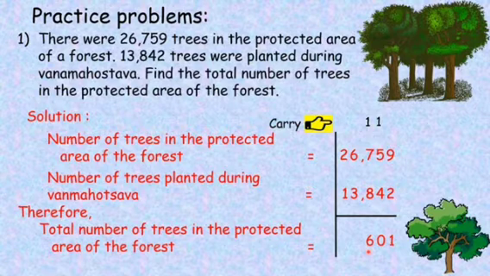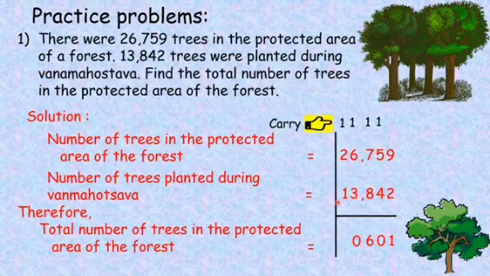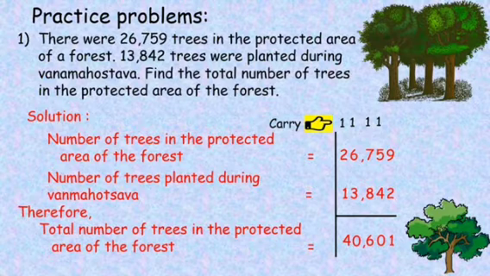So I mention 6 here. 1 gets carried, then 6 plus 1 is 7 plus 3 is 10. 0 again at the bottom. 1 gets carried here, then 2 plus 1 is 3 plus 1 is 4. So the answer is 40,601 trees are present in the forest now after planting some trees during Vana Mahotsava.